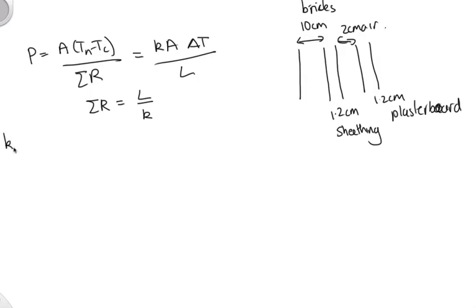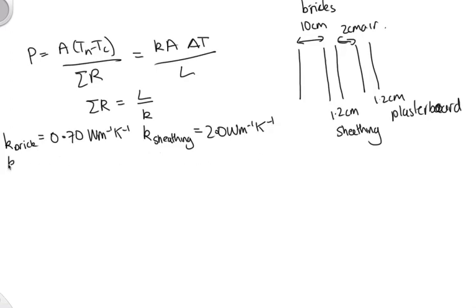K for brick is equal to 0.70 watts per meter per Kelvin. K for sheathing is equal to 2.0 watts per meter per Kelvin.